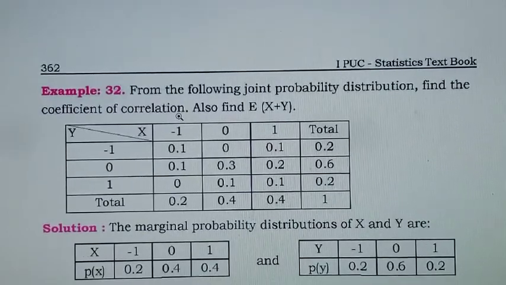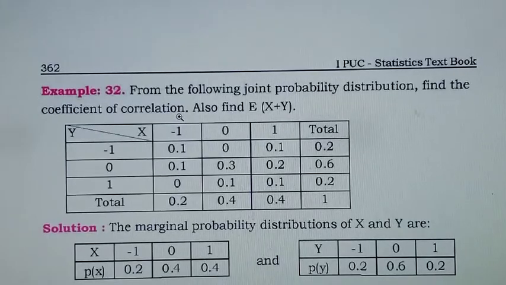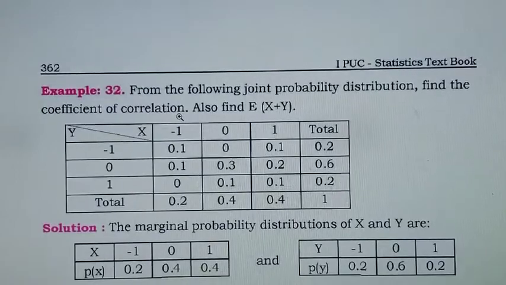You know the meaning of expectation of x: it is nothing but the mean. In terms of expectations, we say expectation of x is the mean of x, and expectation of y is the mean of y. Let us see the problem. As you know the definition, the joint probability p of x comma y is nothing but the probability that capital X takes the real value small x and capital Y takes the real value small y. That function we call a joint probability distribution.